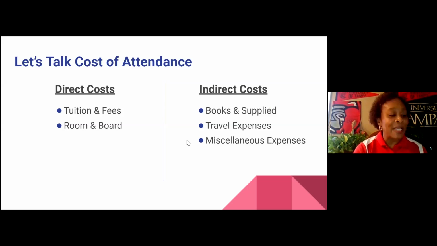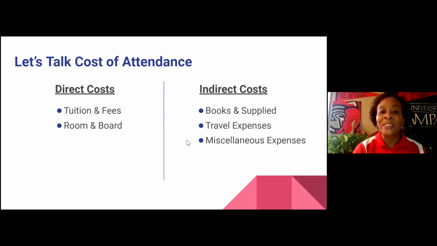If you have to take a plane, a bus, or the expenses of just traveling to and from college, driving, these costs are part of your travel expenses, which are budgeted by the college or university. You might spend more or less from the estimated budget that the college provides.